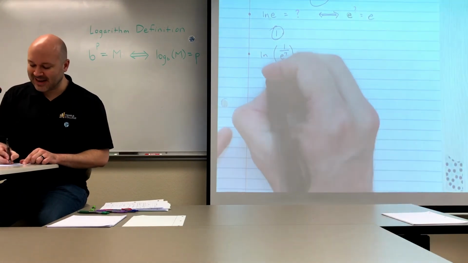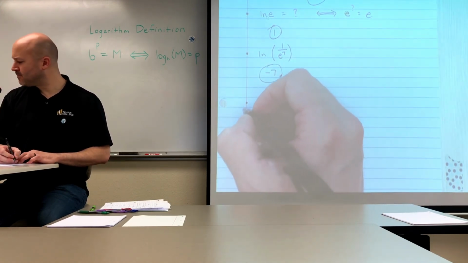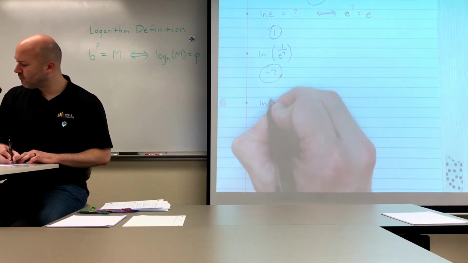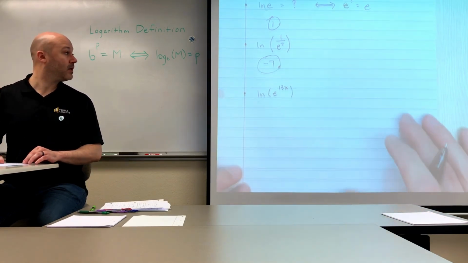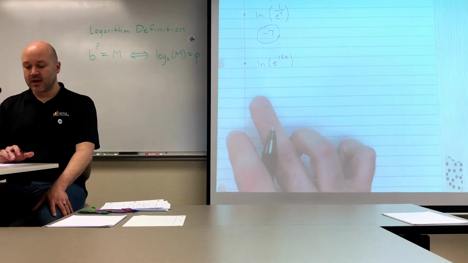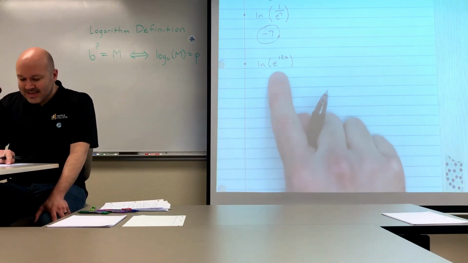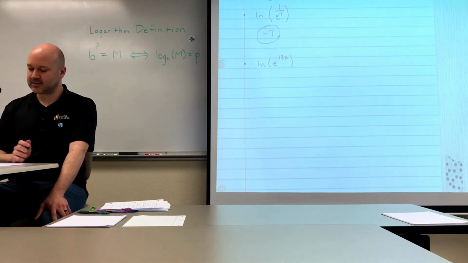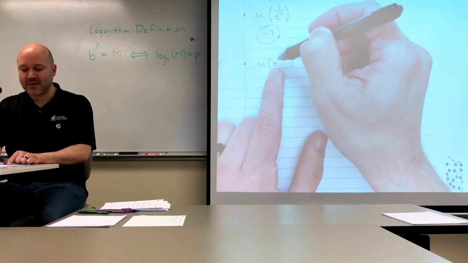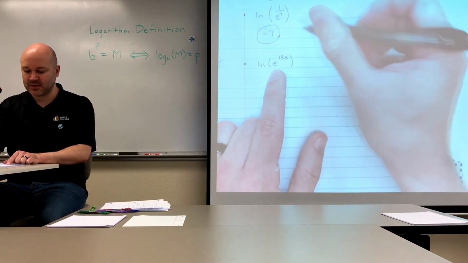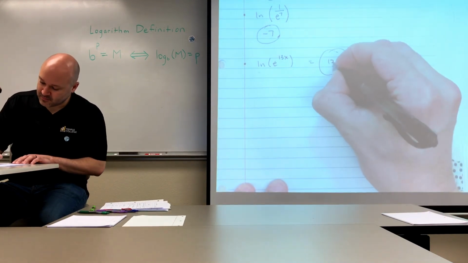So this is just going to be negative 7. Another natural log with an understood base e of e to the 13x. My bases are matching. This understood base e is matching the base inside the argument. This is simply 13x. Circle. Let's move on.